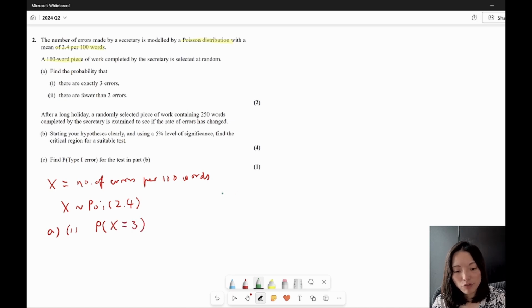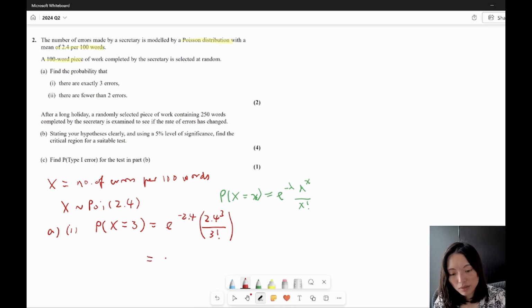We know that for a Poisson distribution, the probability of X equals x is e to the minus lambda, lambda to the power x, over x factorial. So we're using this formula, or we can use our calculator to work it out. So this is equal to e to the minus 2.4 times 2.4 to the 3 over 3 factorial.